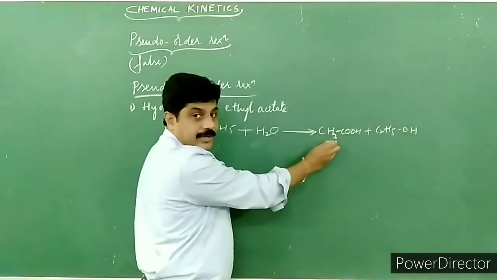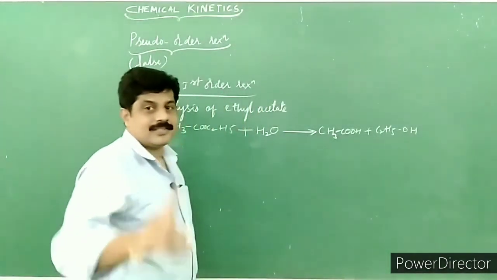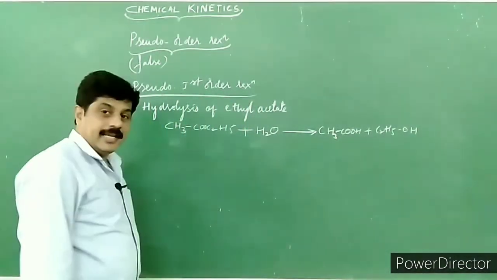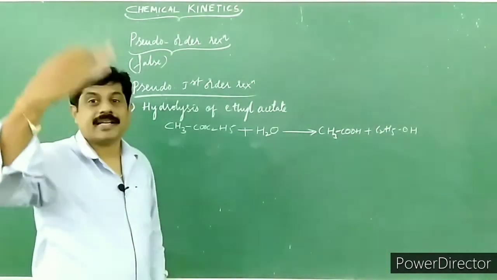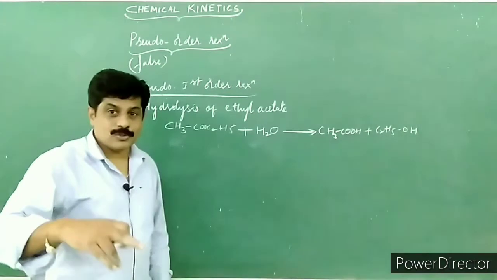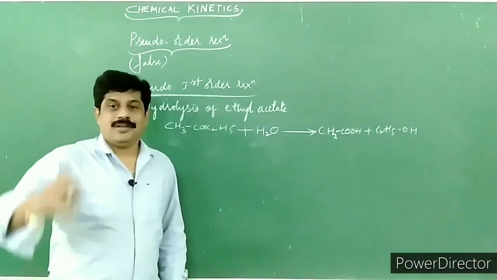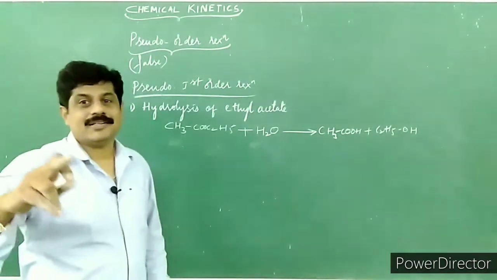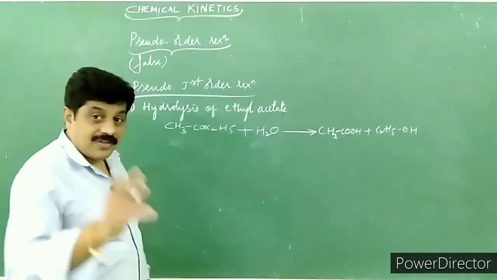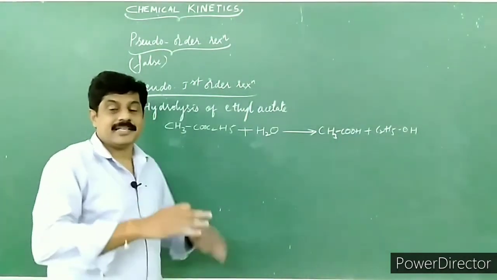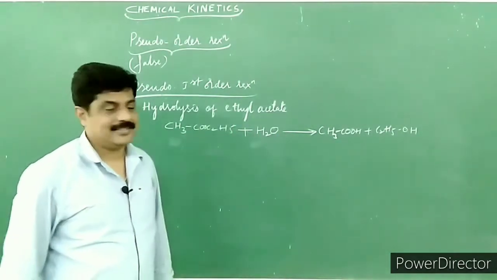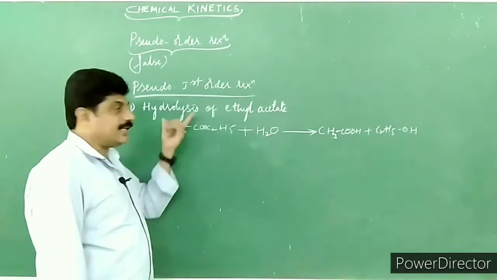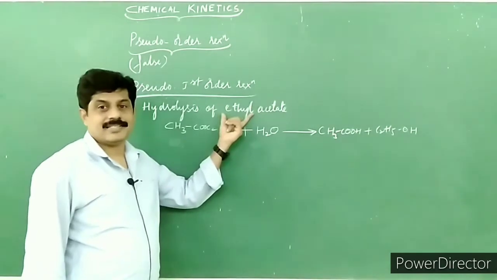One is ethanoic acid, the other one is ethanol. Children, let me repeat again, a reaction which appears to be of second order but follows the kinetics of first order chemical reaction when the concentration of one of the reactants is taken in a large excess. Children, the best example is hydrolysis of ethyl acetate.